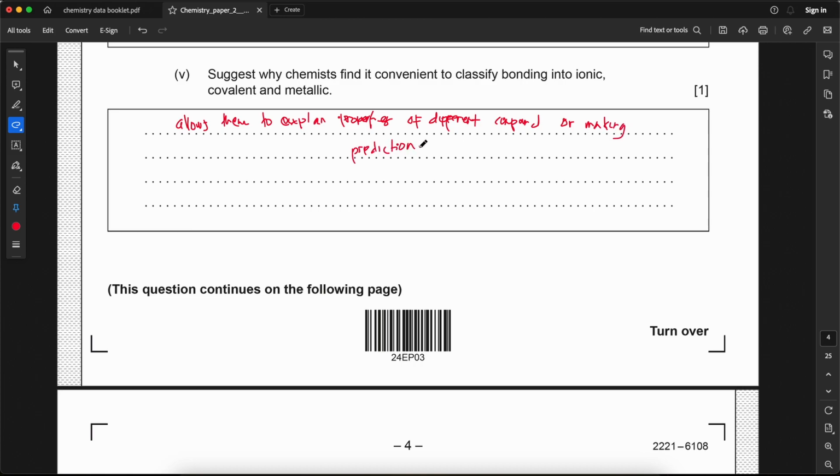For example, if it's Na+ and Cl-, it will be soluble in water. Or a covalent bond like ethane, it will have a low boiling point. So that's why it's easier for chemists to classify bonding into ionic, covalent, and metallic, because they have different properties and they can predict what will happen to a compound that has ionic, covalent, or metallic bonding.